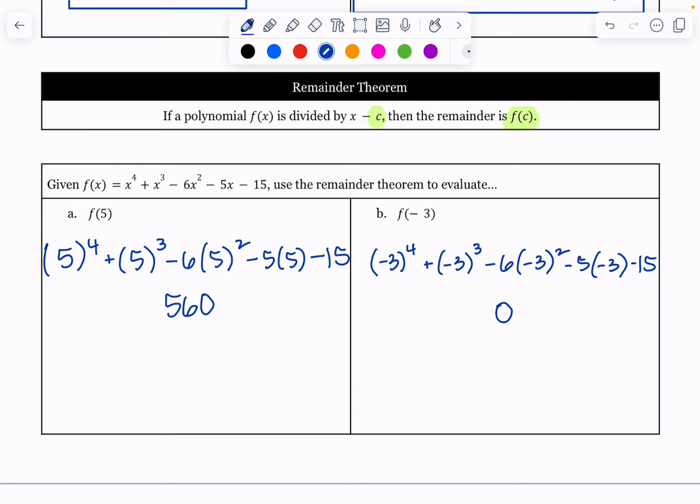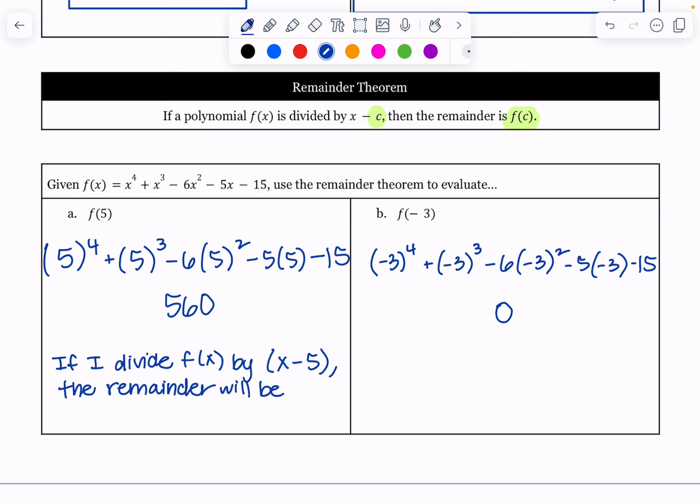So let's talk about what that means. By the remainder theorem, it says that when you plug in c, then the remainder is f of c. So what that means is if I divide f of x by x minus 5, because notice here in the remainder theorem it's minus c, the remainder will be 560.